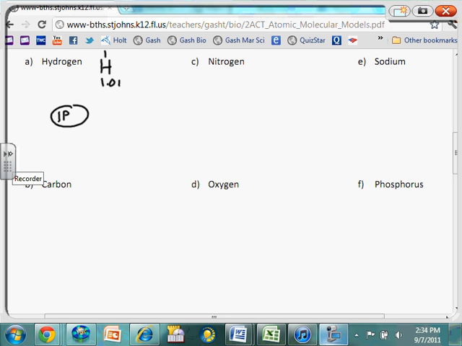The number of neutrons is equal to the mass minus the atomic number. In this case, it's 0, so there are no neutrons in hydrogen. The number of electrons is always equal to the number of protons, since we're working with atoms here. So there's only 1 electron in hydrogen.